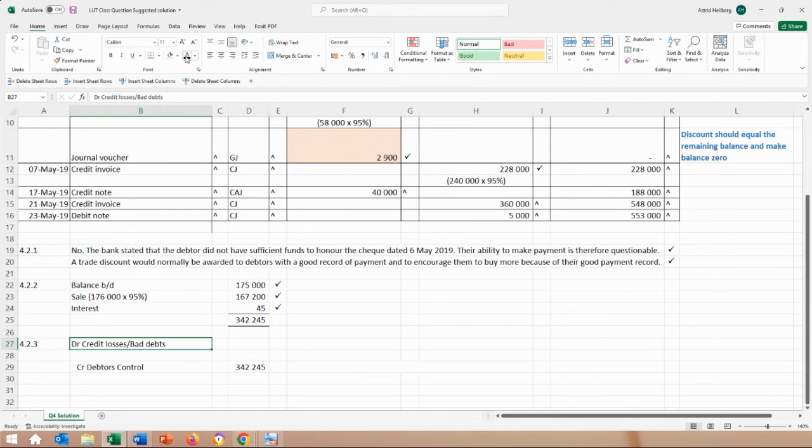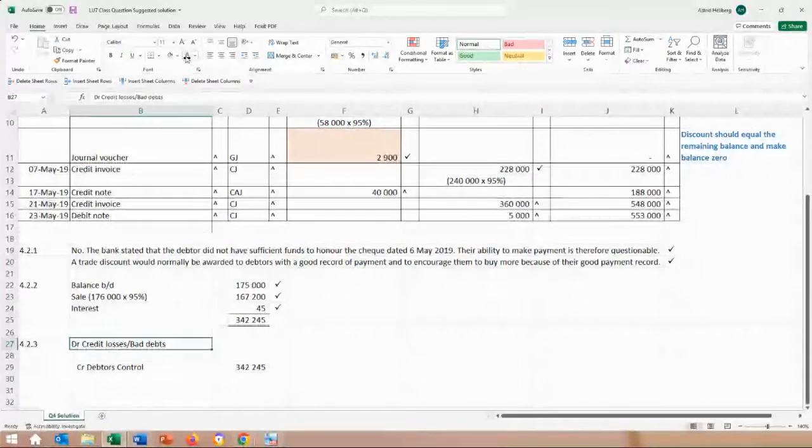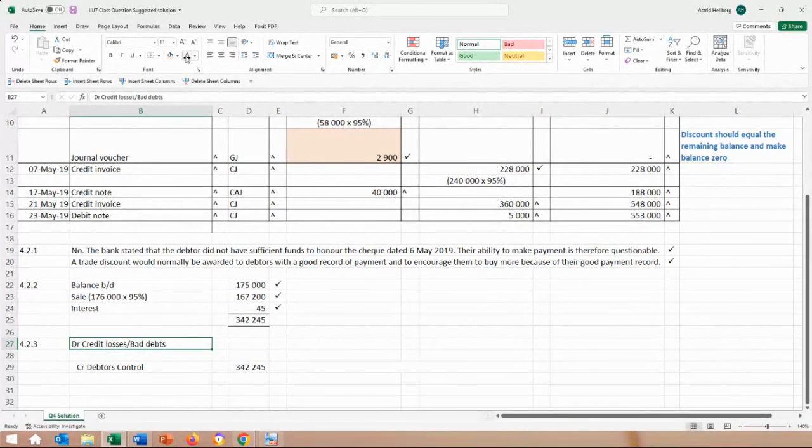That is when we no longer are able to collect that money from that debtor. We create an expense account, which we call credit losses or bad debts. So it's exactly what it says. We debit expense accounts; we increase them on that side.